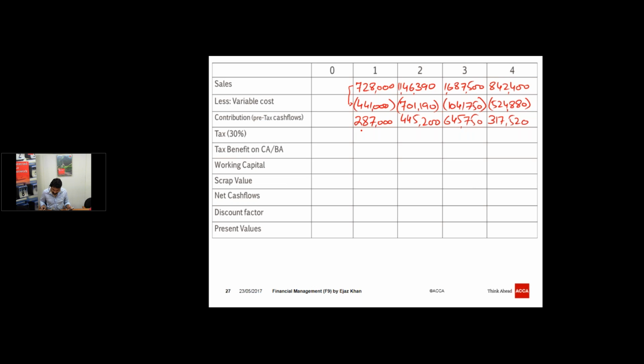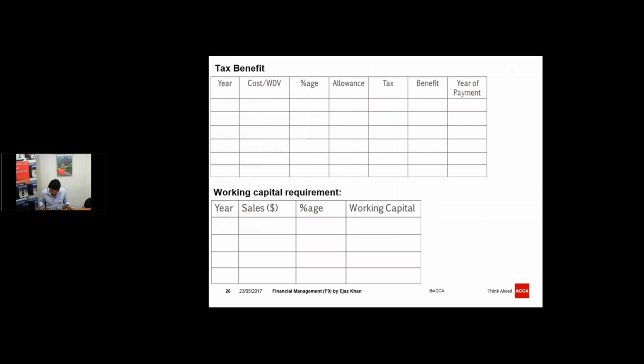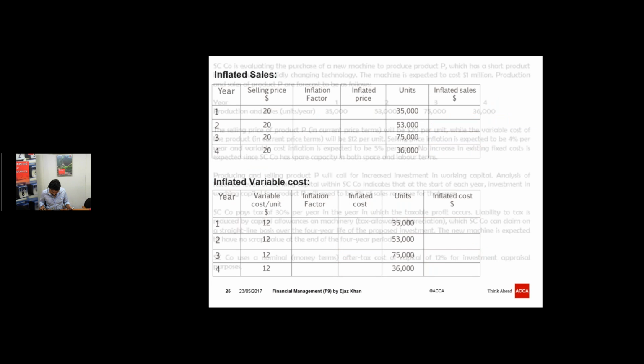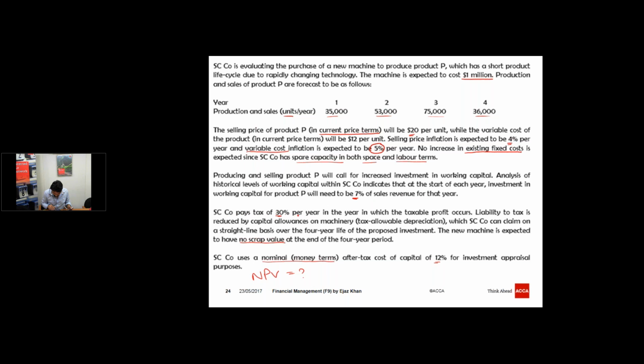So in this case, if we read the question again, for the tax part only, it says that SC company pays tax of 30% per year in the year in which the taxable profit occurs. So we will write the tax figure in the same column for which the tax has been calculated.